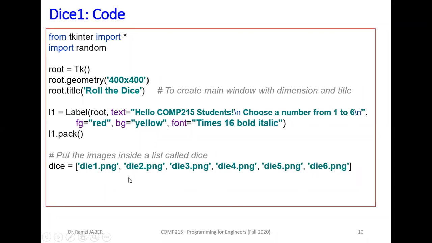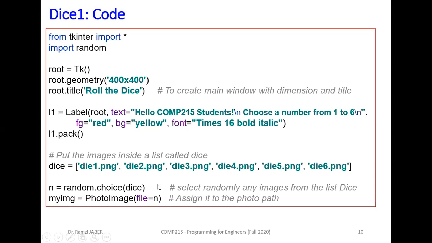Okay, now we want to choose one of them randomly. So assume n equal random.choice dice. Select randomly any image from the list dice. When we use random, we must import it above, import random. So random.choice dice chooses randomly from this list, so n will be one of them.